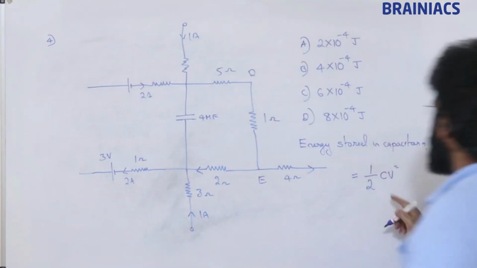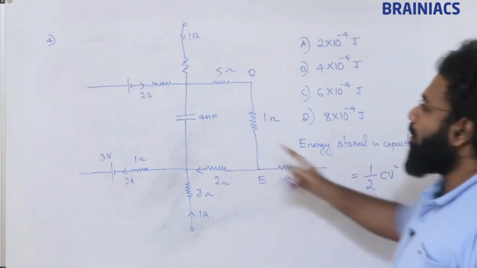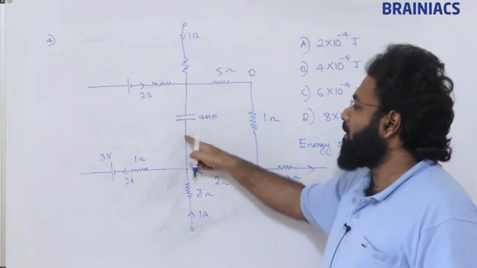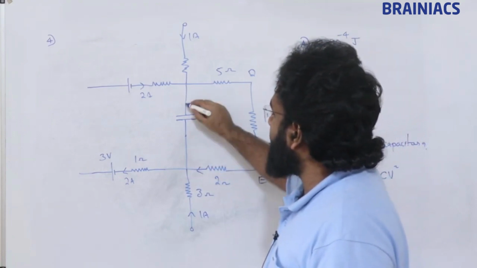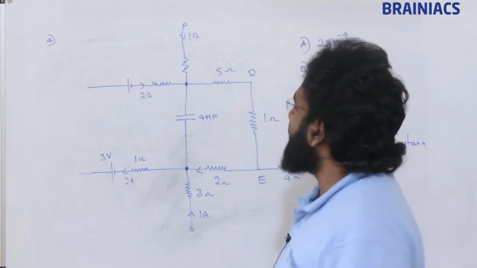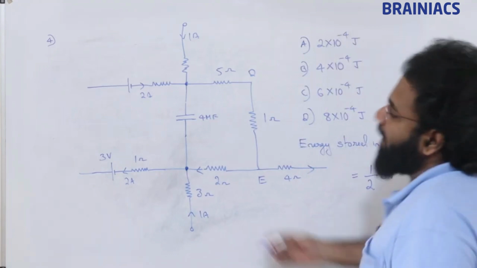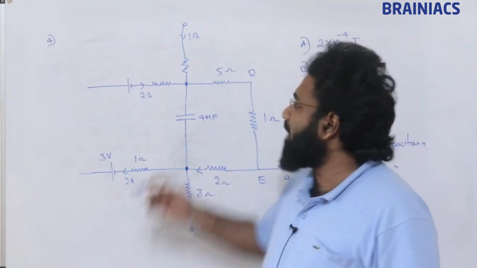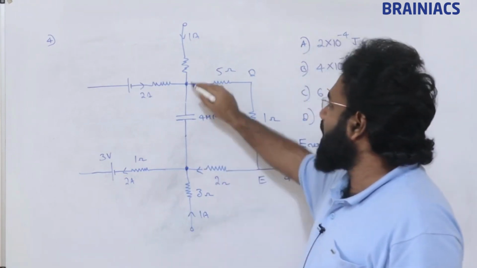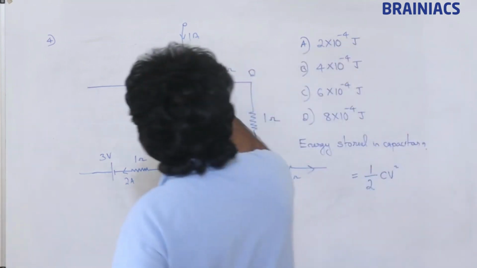So half CV square. Capacitance is given anyway. What is this voltage? Voltage is the voltage across the terminals of the capacitor. Just like the previous method, if we understand the voltage difference between these two terminals, we will get the answer.